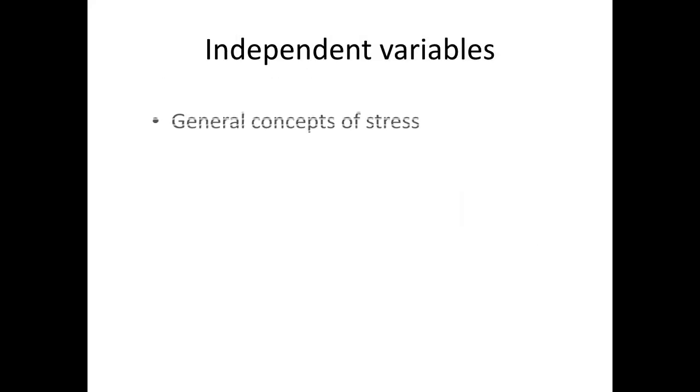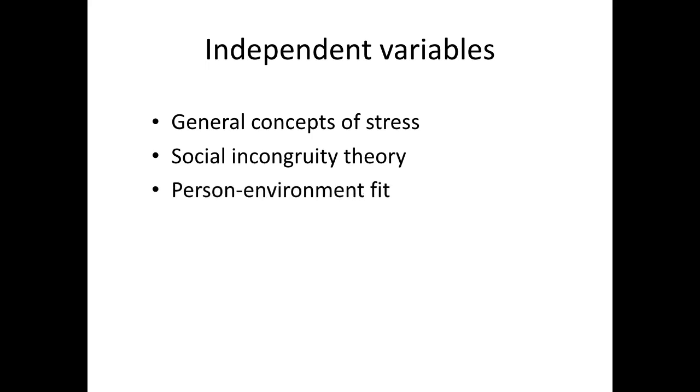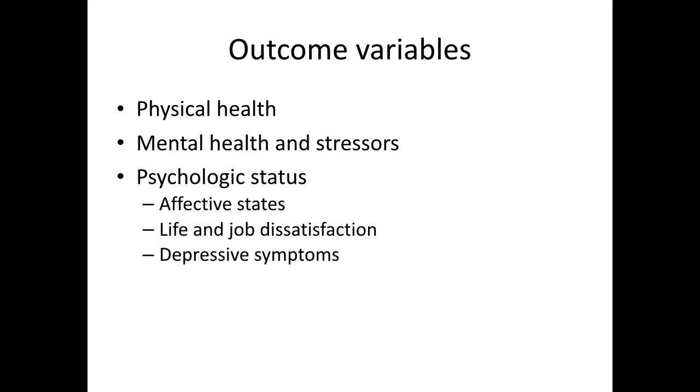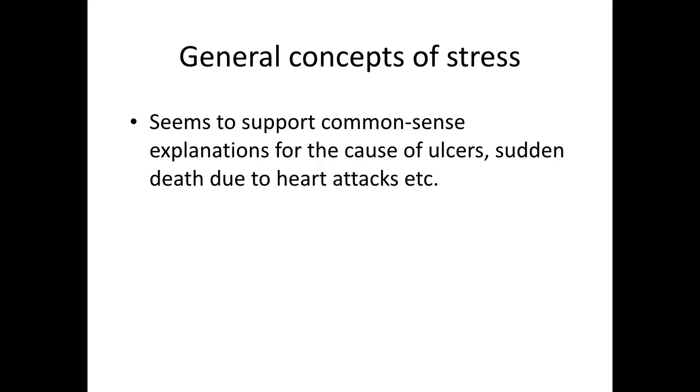What are the variables that we look at? For the independent variables, we look into the general concept of stress, social incongruity theory, person-environment fit, and stressful life events. For the outcome variables, we look into physical health, mental health and stresses, as well as psychological status, affective states, life and job dissatisfaction, and depressive symptoms.